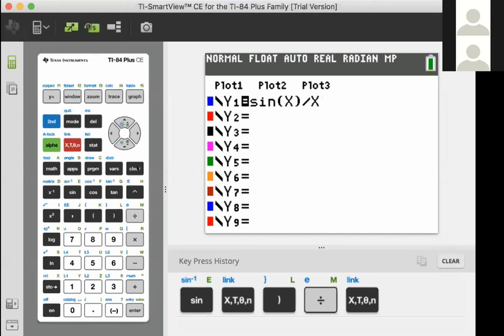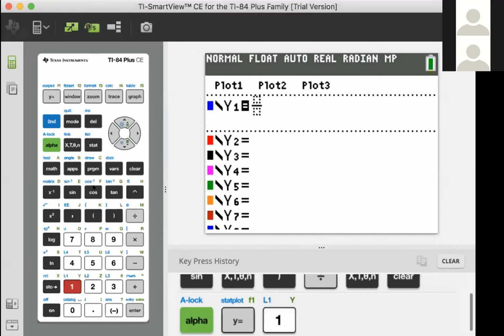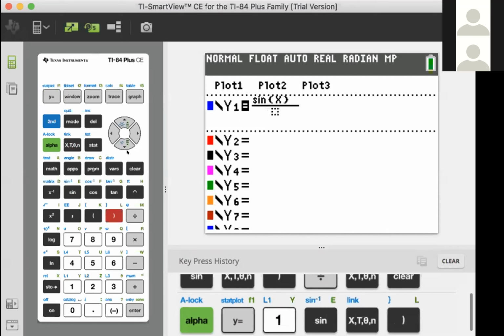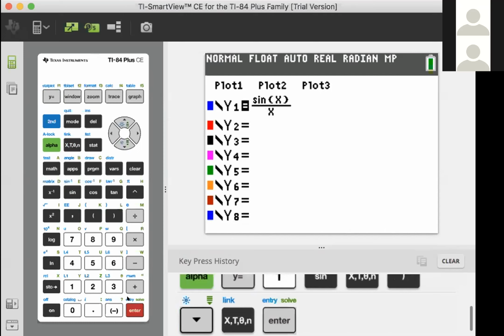So another way to do the fraction is to type in alpha f1. And you see number 1 is numerator over denominator. So you could either press number 1 or press enter. There's your fraction. So again, it's sine x, you close the parentheses, go down to the bottom over x. Press enter. So that's the function that we're going to draw.